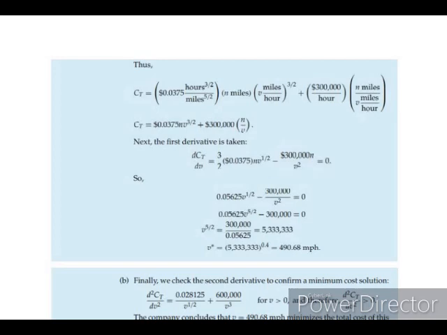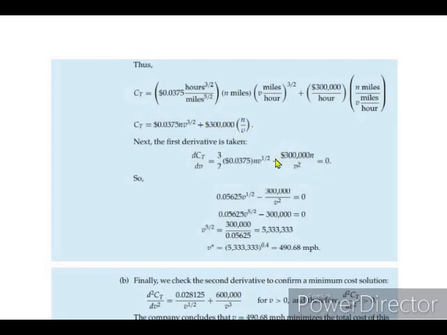Next, the first derivative is taken here. To get the derivative of the first term, we bring down 3 halves, then subtract 1 from the exponent 3 halves, which becomes 1 half. For the second term, we use the fractional derivative, because this is a fraction.